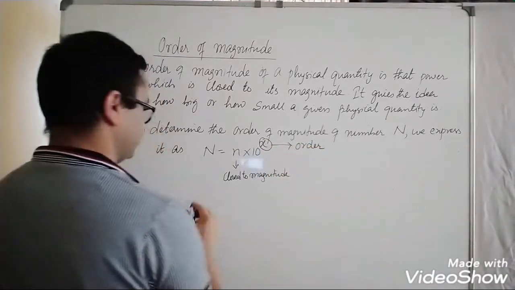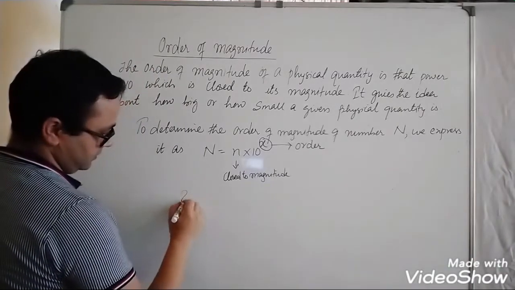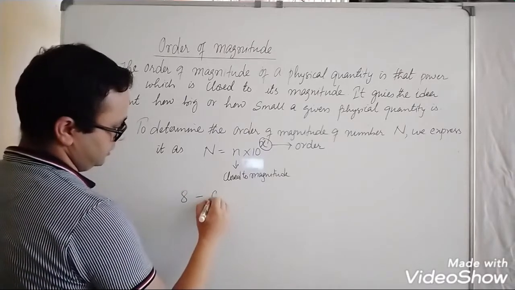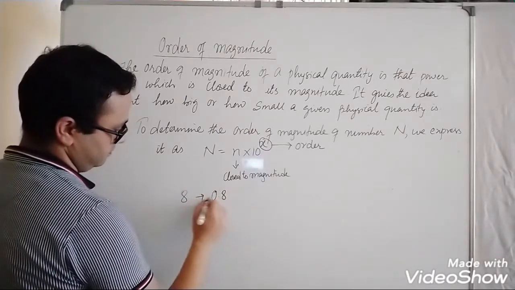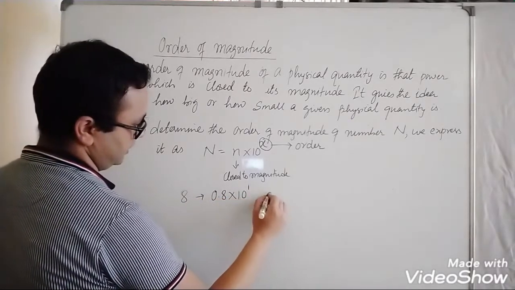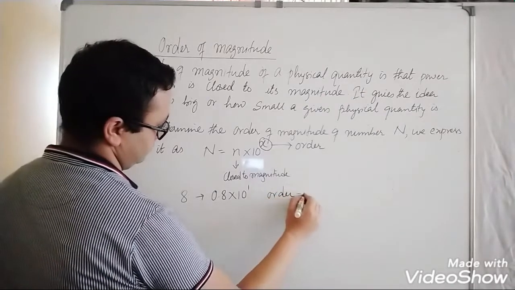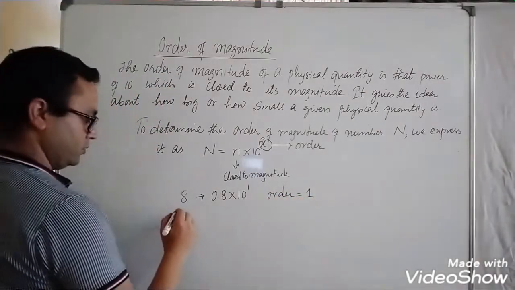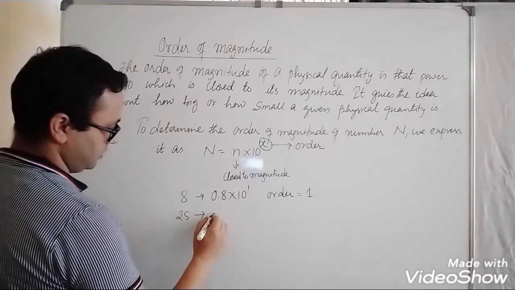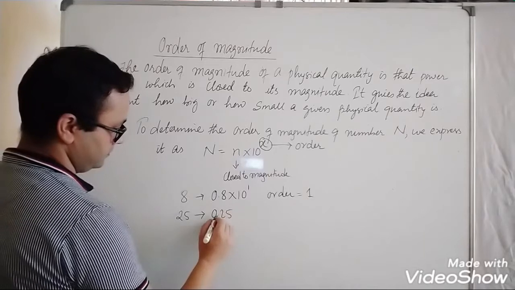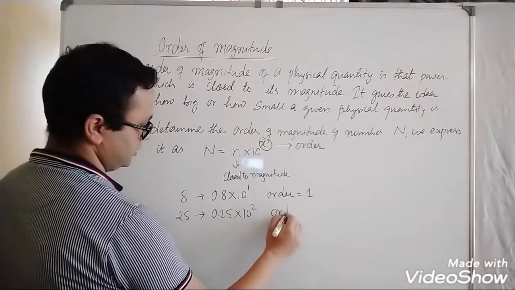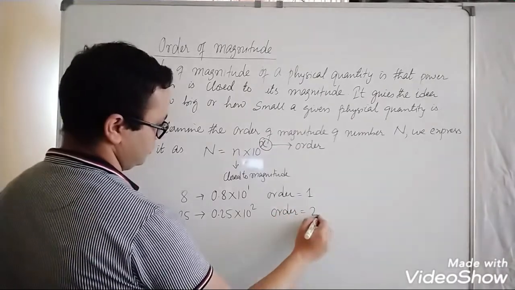Suppose you have 8. It can be written, in terms of order, as 0.8 into 10 to the power 1. Here the order is 1. Suppose we have 25. It can be written as 0.25 into 10 to the power 2. Here the order is 2.